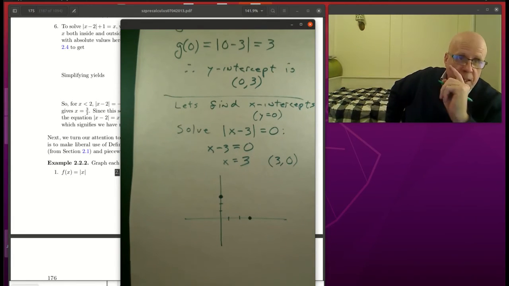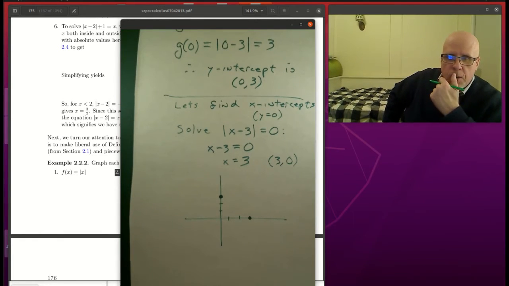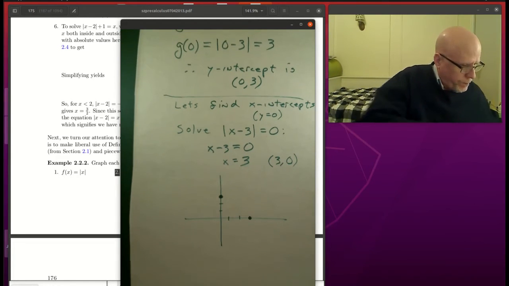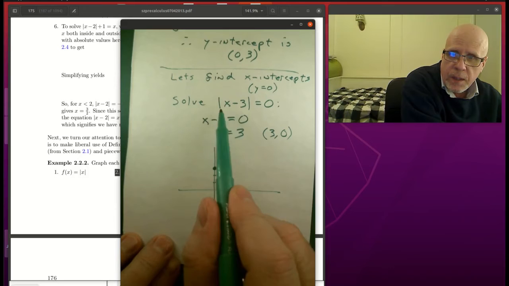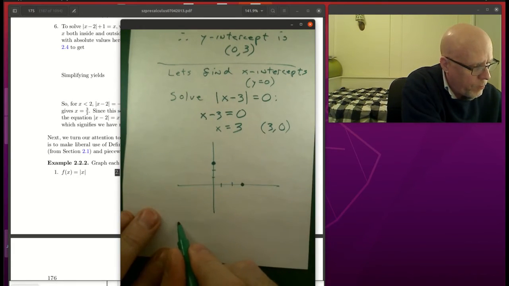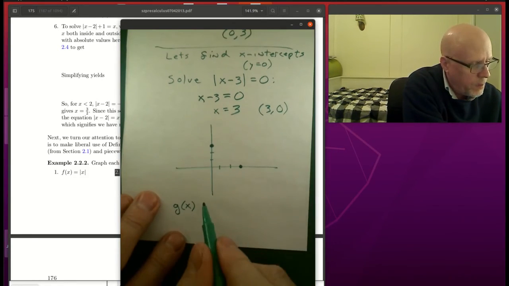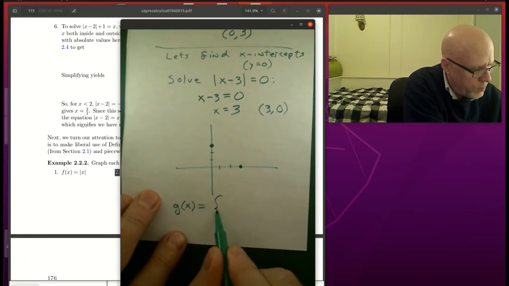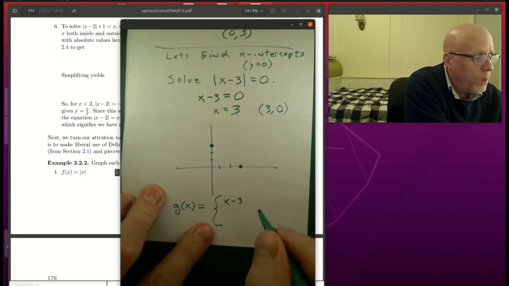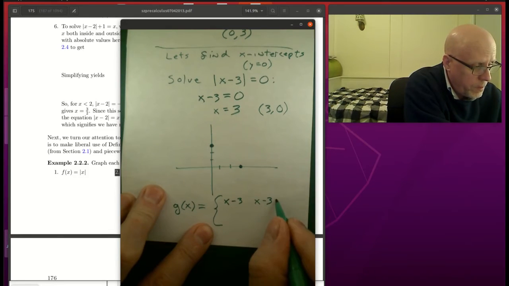Now, if this thing were a line, we'd be done. We would just draw the straight line through those 2 points. That's not quite the deal here. So let's think about the piecewise definition of absolute value, because we can use that with a slightly more complicated absolute value like this one. You see, g of x, the absolute value of that thing, is equal to one of two things. It's equal to x minus 3 itself whenever x minus 3 is positive.